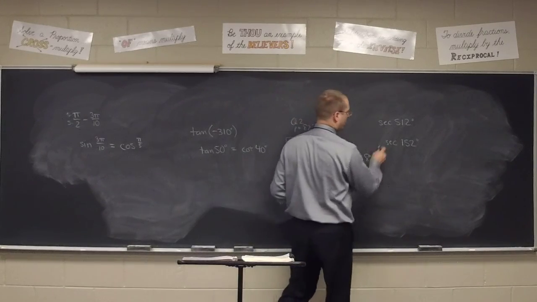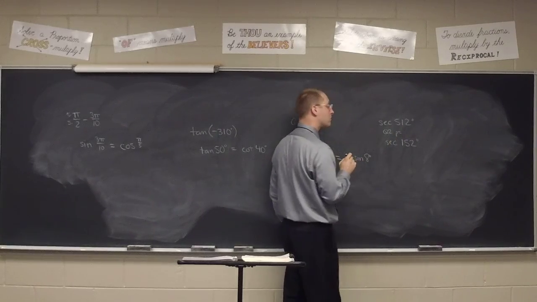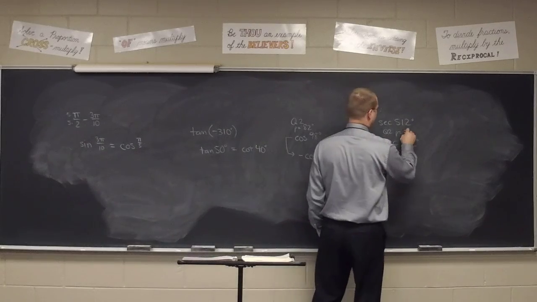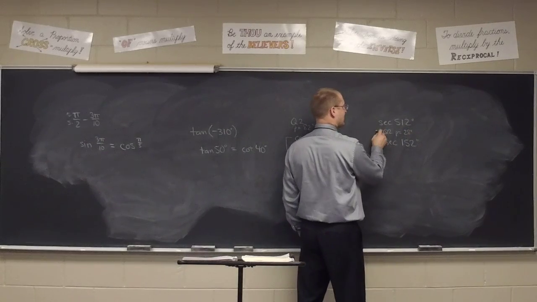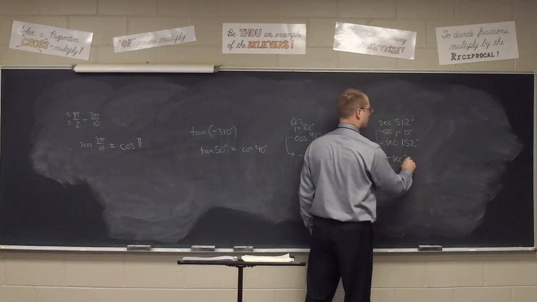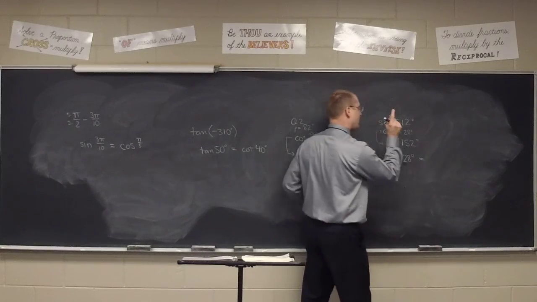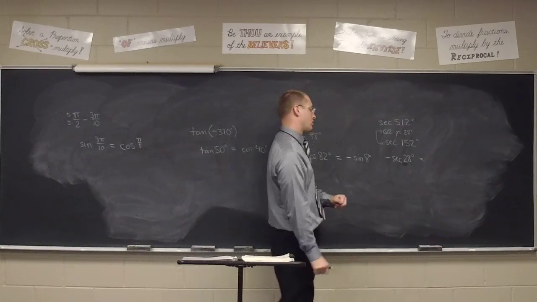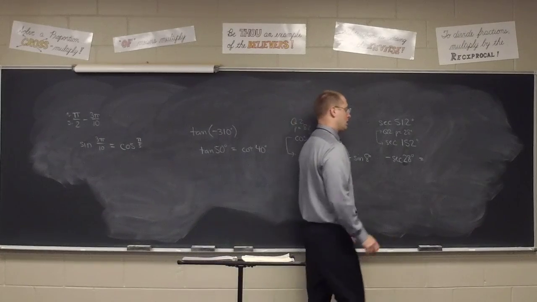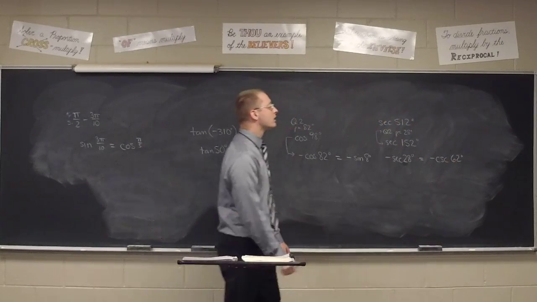Get a reference angle, quadrant 2, reference angle 28 degrees. Be careful on the borrowing there. And ASTC, secant in quadrant 2 is negative. So we get the negative secant of 28 degrees. Once we've got it this way, now we can change to the cofunction. And what will we get for our answer? Negative cosecant of 62 degrees.